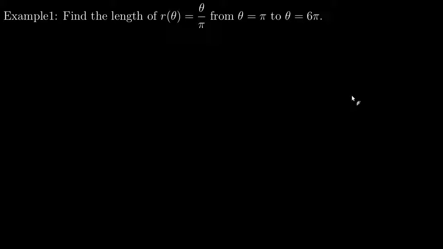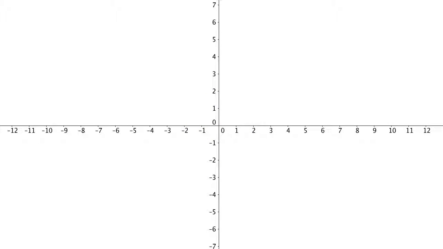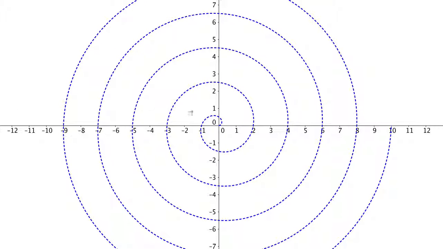Let's look at two quick examples. So here's example 1. We want to find the length of this from theta equals pi to theta equals 6 pi. Now I could dive right in, but let me show graphically what's going on in this problem. Sorry, that's the next example: r equals theta over pi looks like this, a lovely curly spiral.